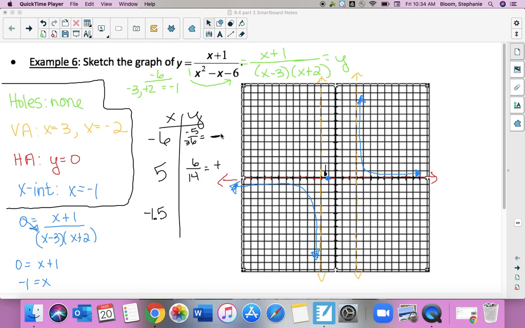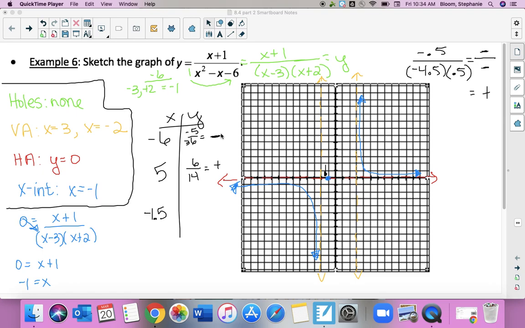And again, you can just be using your calculator, but -1.5, so if I go back up here, -1.5 plus 1 would be a -0.5 over -1.5 minus 3 is -4.5 times -1.5 plus 2 would be 0.5. So I know I'm going to have a negative over a negative number, which becomes a positive.